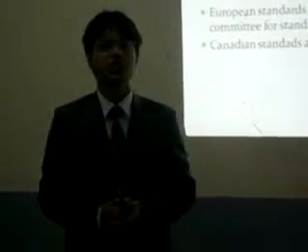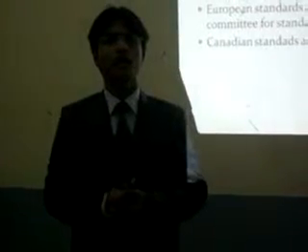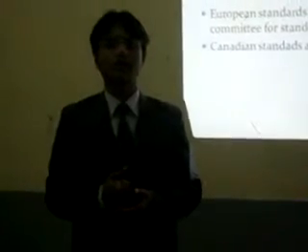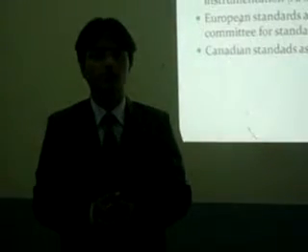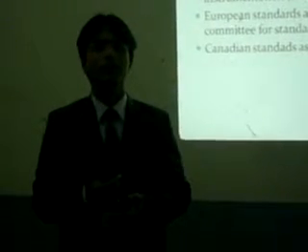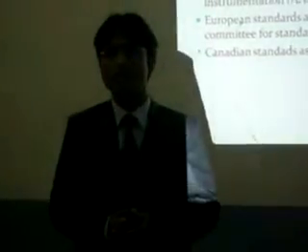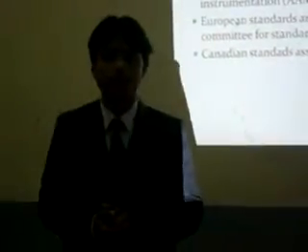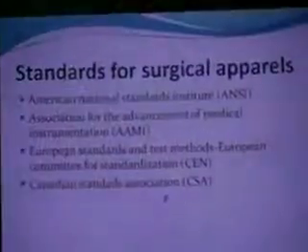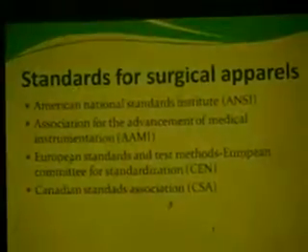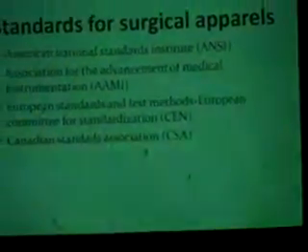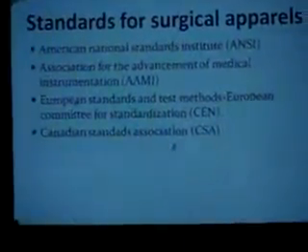Both US and European performance standards rely on quantitative test methods that should allow end users to make better decisions, because they will be better able to compare products. The organizations providing performance standards are the American National Standards Institute, the Association for the Advancement of Medical Instrumentation, European Standards and Test Methods, the European Committee for Standardization, and the Canadian Standards Association.